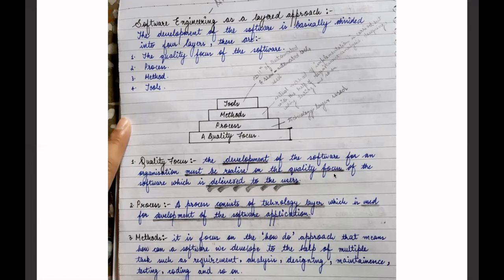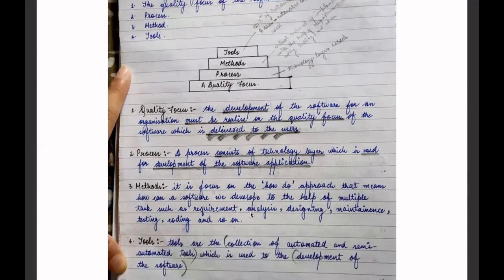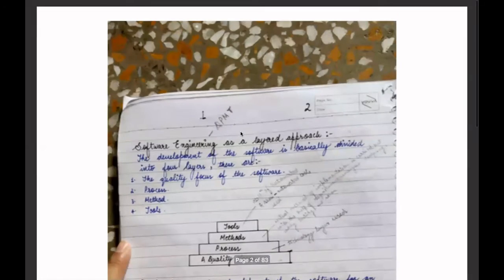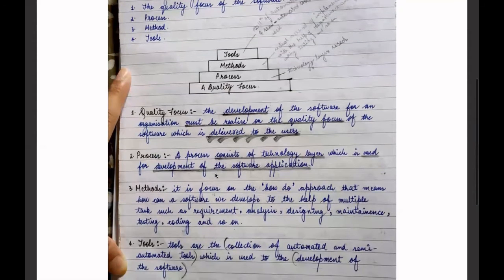A process consists of a technology layer which is used for development of the software application. As I told you earlier, the process is defining the technology for a particular application's methods. It is focused on the how-to approach, that means how a software can be developed with the help of multiple tasks such as requirement analysis, design, maintenance, testing, coding, and so on.